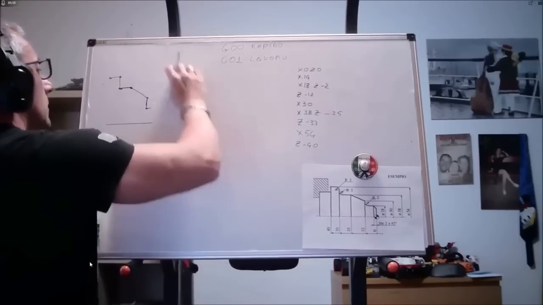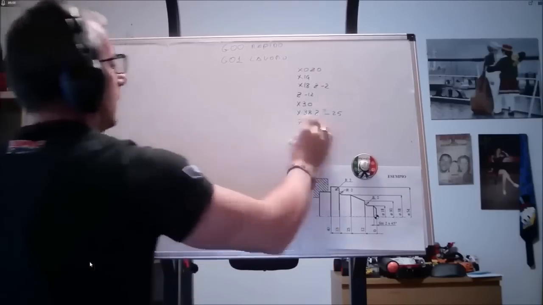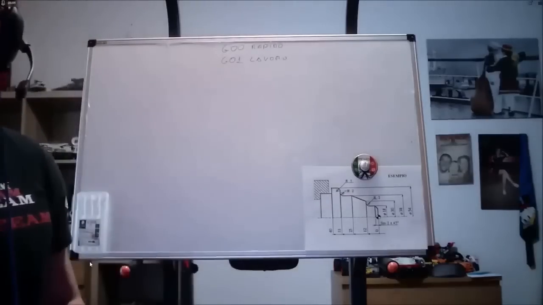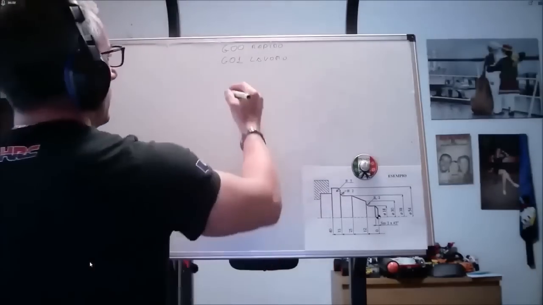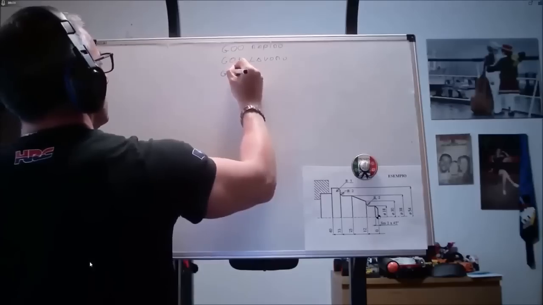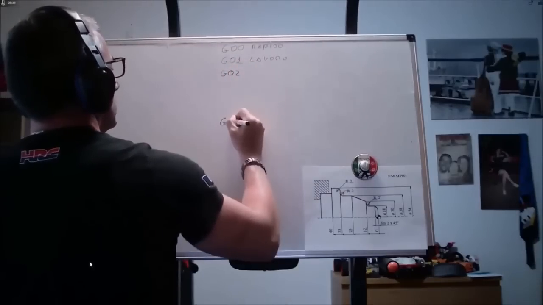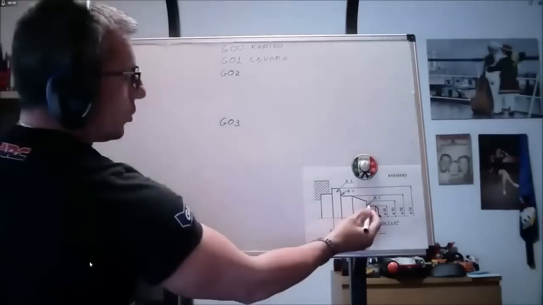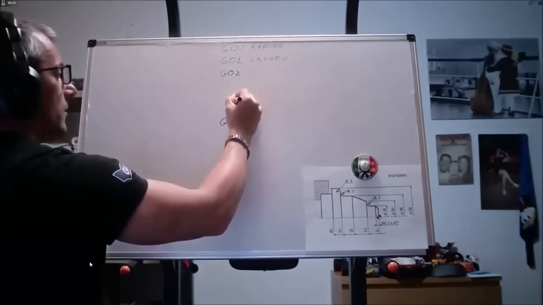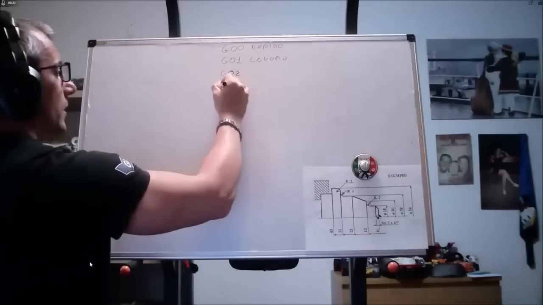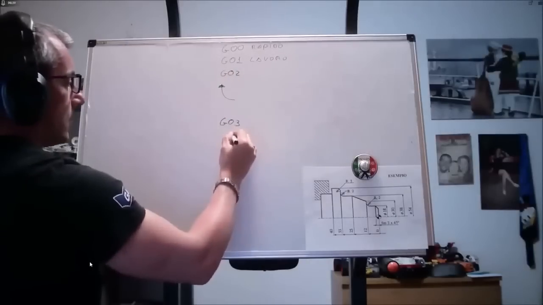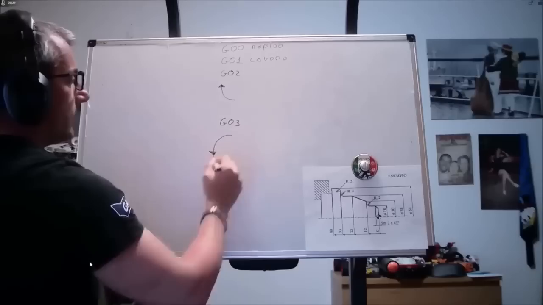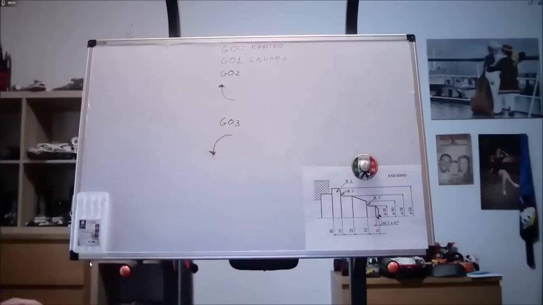Think of an interpolation that is circular, like here, G1 transforms into G02 or G03. G02, as in this case, is circular interpolation with clockwise movement, G03, circular interpolation with counterclockwise movement.